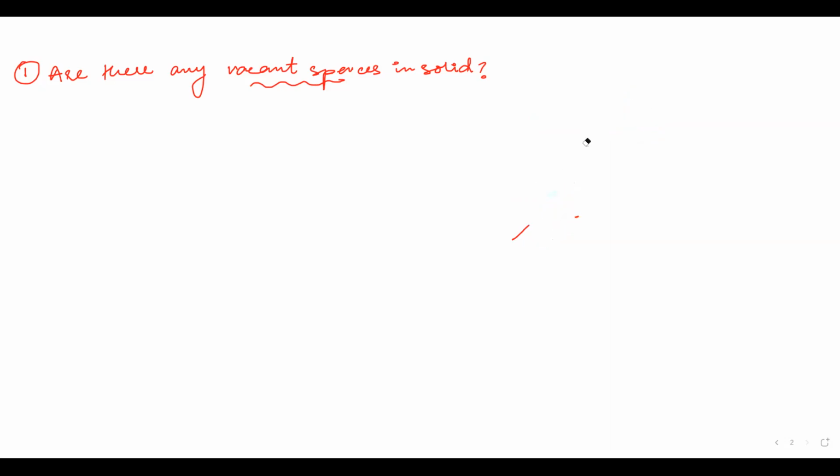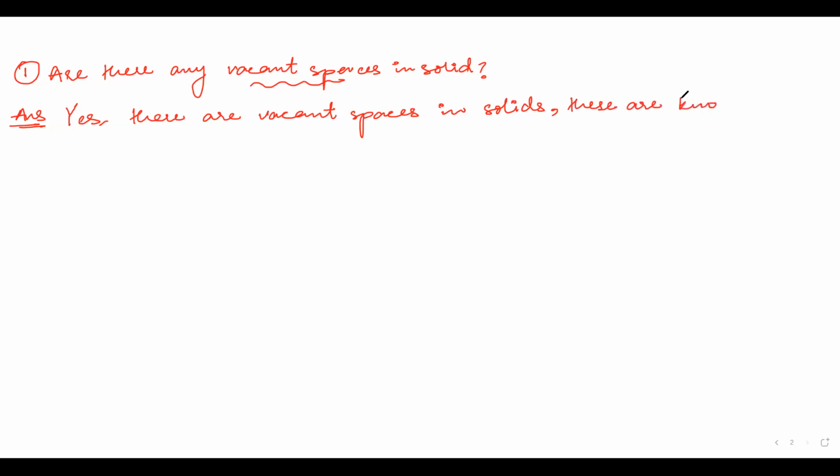This is the first information that you have to know. It is very conceptual and also very logical: there are vacant spaces in solids, and these are known as voids. You also have another name for this: voids or interstitial sites.